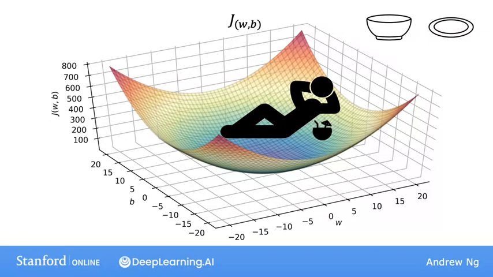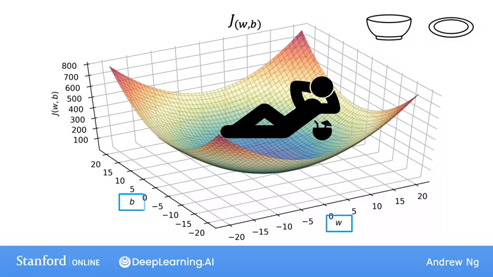What you see here is a 3D surface plot where the axes are labeled w and b. So as you vary w and b, which are the two parameters of the model, you get different values for the cost function J of w and b.